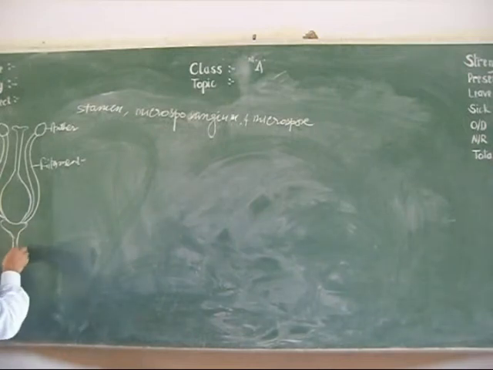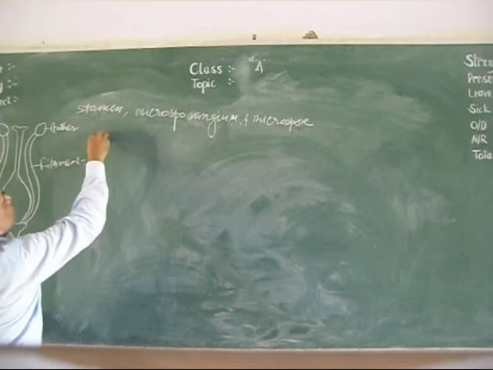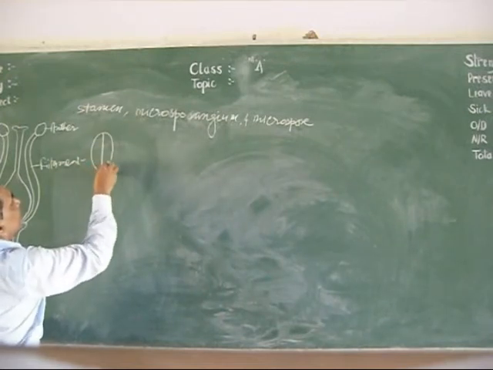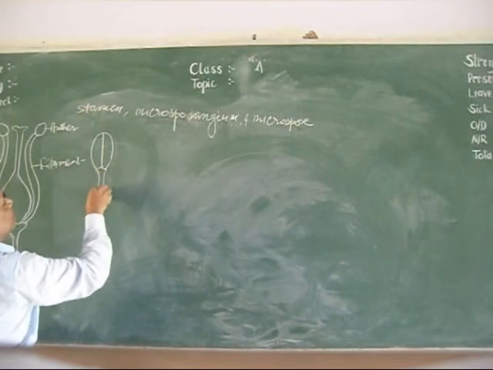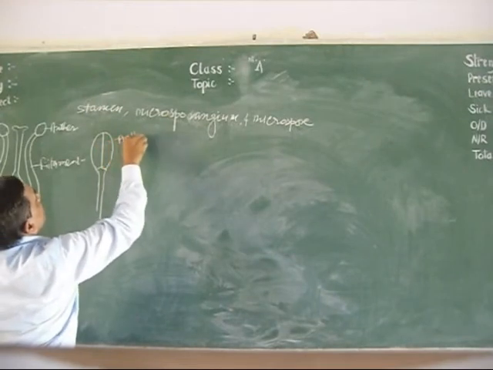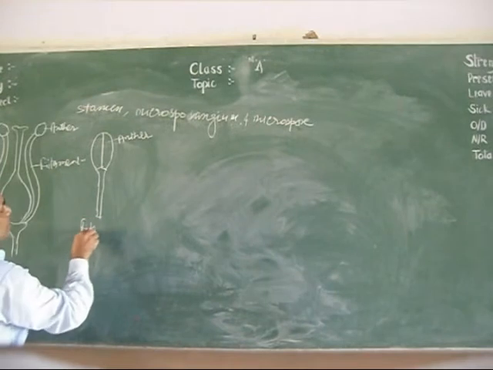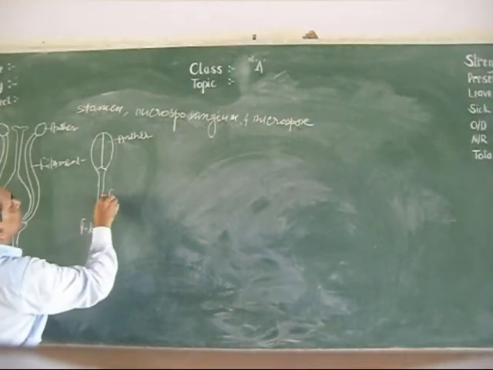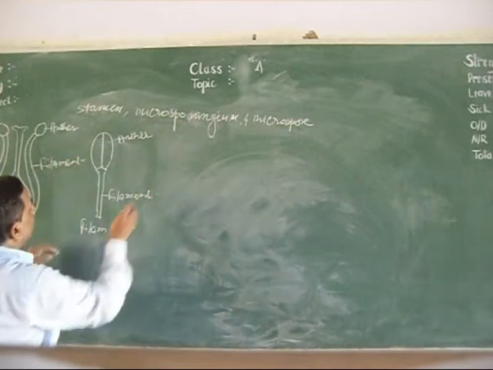The other parts are present here, but I am talking about this. Suppose here is one anther, and here is the filament. So this is the anther, and this is the filament.